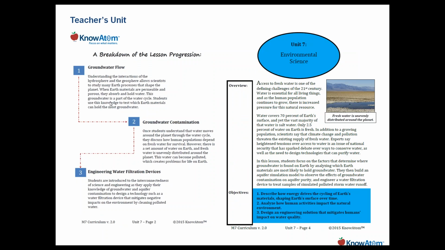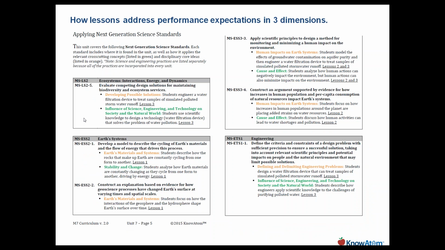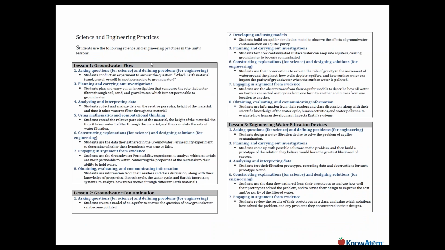You'll see lesson progression, overview, objectives down here. Really those are mastery objectives, what we want students to be able to do as a result of this unit. But then how the standards are getting applied: you see orange, which would be the disciplinary core idea, and green would be the cross-cutting concept from Next Generation Science Standards, really how that performance expectation is being applied in different lessons, and how the practices are being applied in this unit.